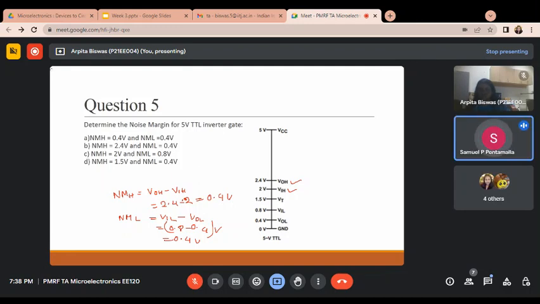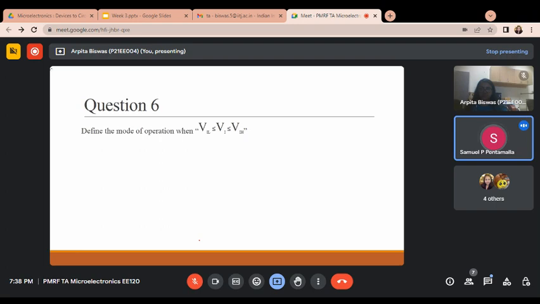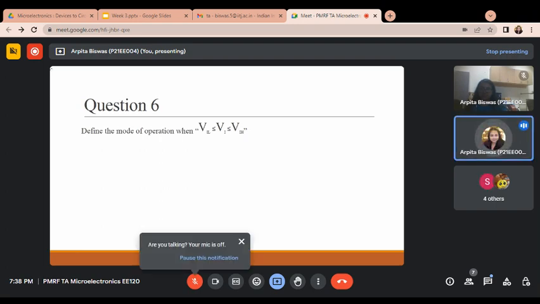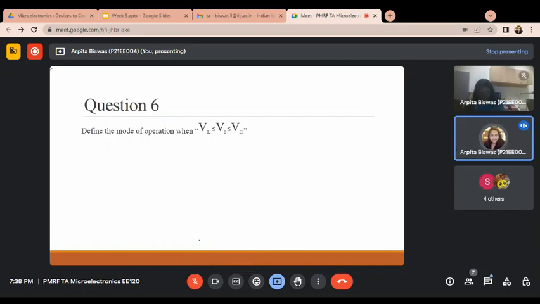Yes, madam. Okay. So this is the next question. Question number 6. Define the mode of operation when V input is greater than or equal to VIL and less than or equal to VIH. Now tell me, what is the mode of operation? Is it saturation, active, or cutoff mode?